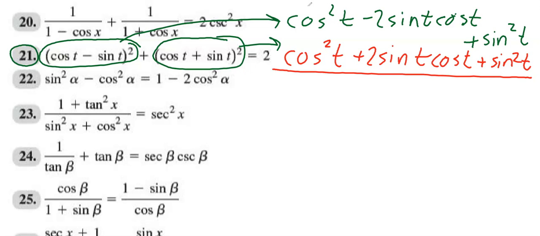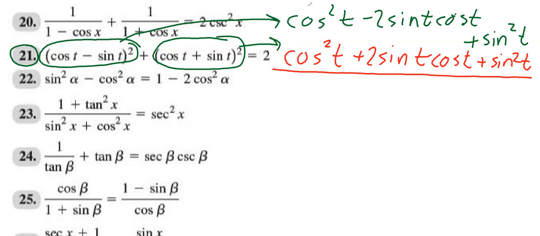Doesn't cancel. They're both negative. How do they cancel? They don't cancel. They add up. Right? They're both negative. And then lastly, negative sine t times negative sine t.